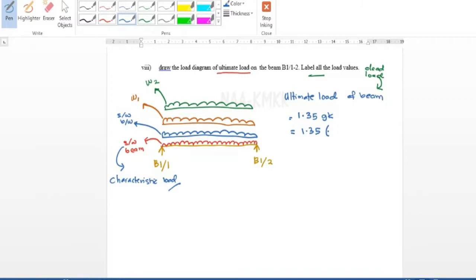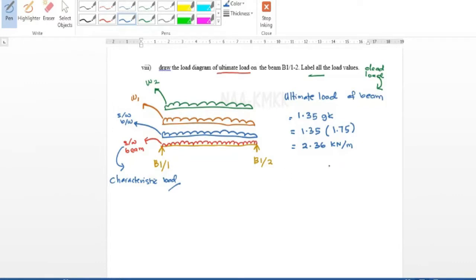Refer to your self-weight of beam as we calculated before for question number 3. Gk self-weight of beam we get 1.75 kN/m, check yourself. So here we have 2.36 kN/m.